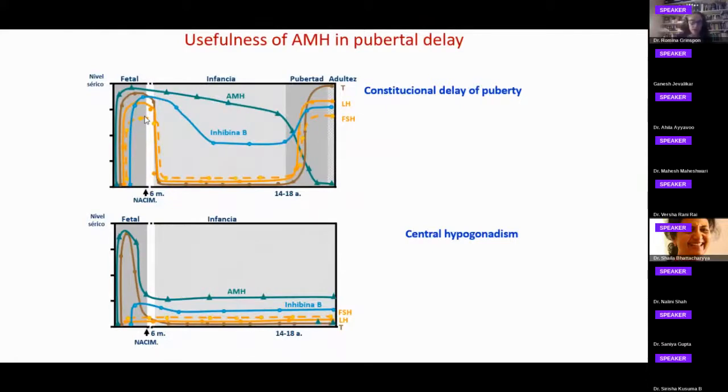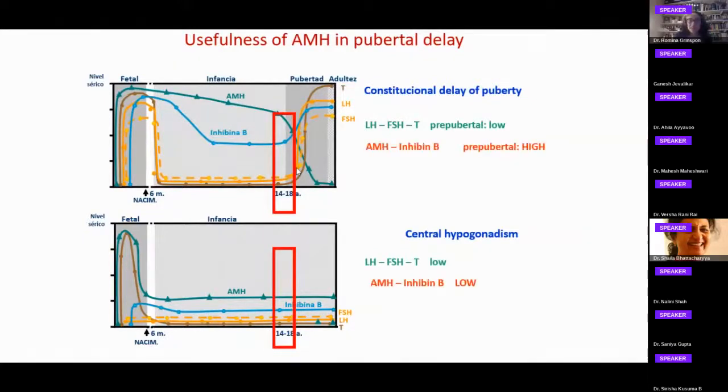Then, when we evaluate a patient with delayed puberty, we will observe a biochemical profile typical of a normal child. LH, FSH, and testosterone will be low as in a prepubertal child, but AMH and inhibin B will be high, like a normal child.